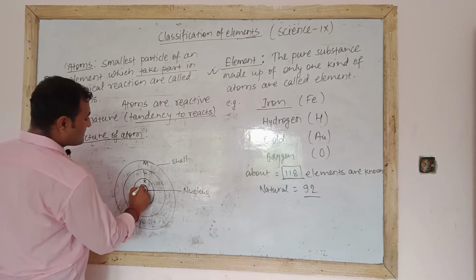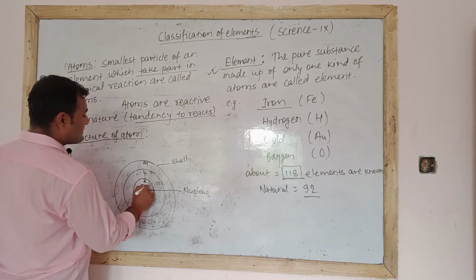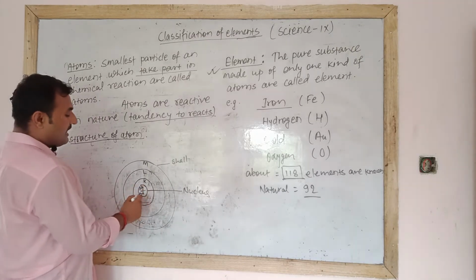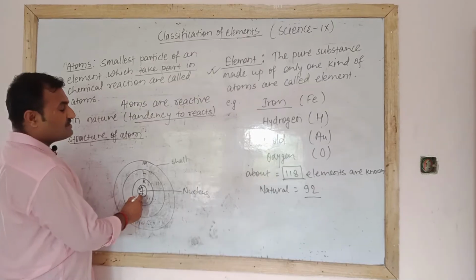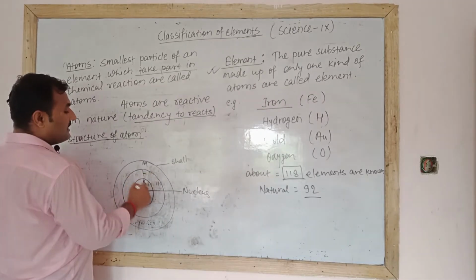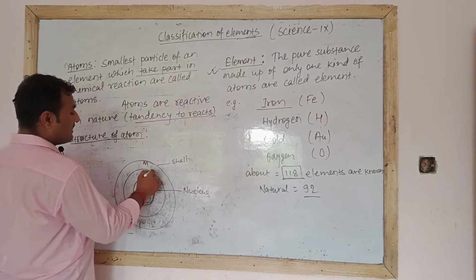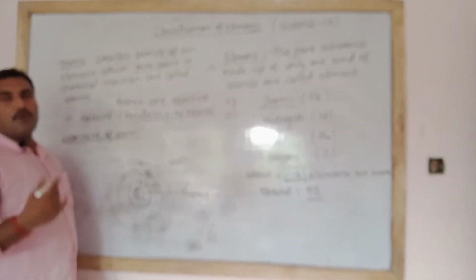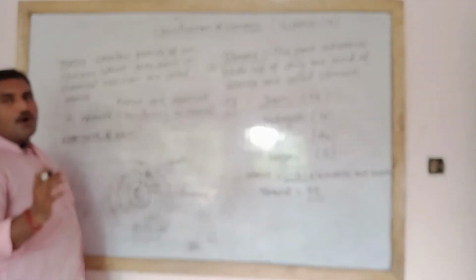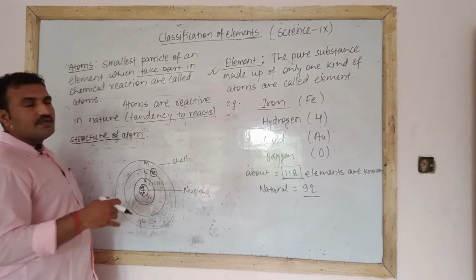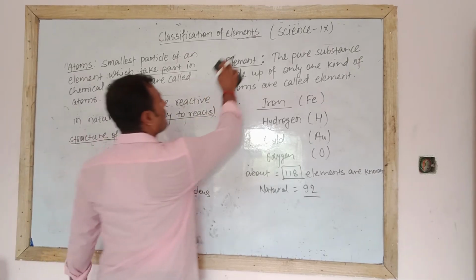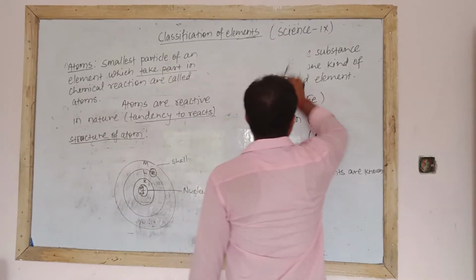Inside the nucleus, positively charged protons and neutral neutrons are found. Electrons revolve in the different circular shells, and the number of electrons in each shell can be found with the help of 2n square or the Bohr-Bury scheme.